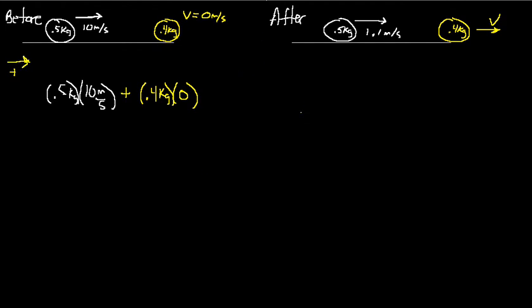After the collision, we have the 0.5 kilogram object traveling 1.1 meters per second, and again that is to the right, so that's positive. And we have the 0.4 kilogram object moving at some velocity v.